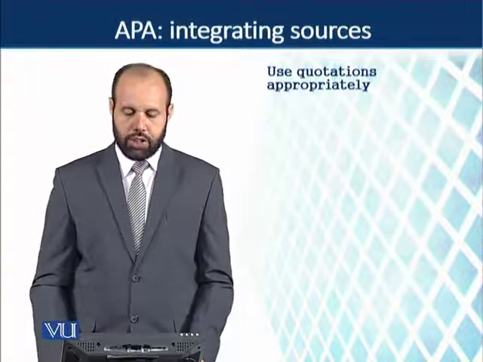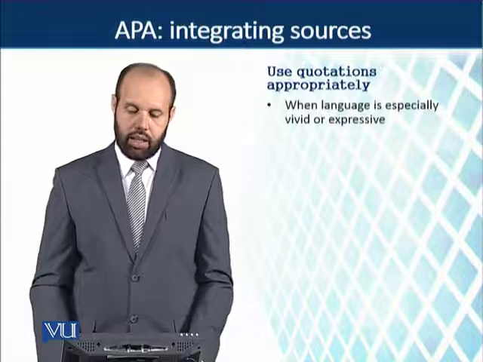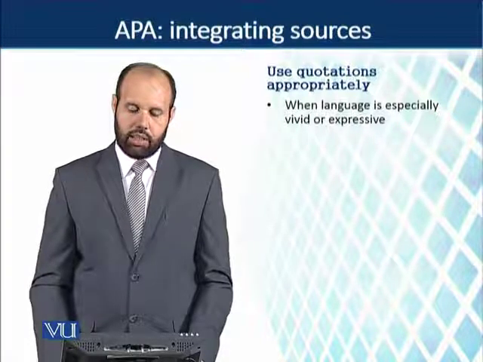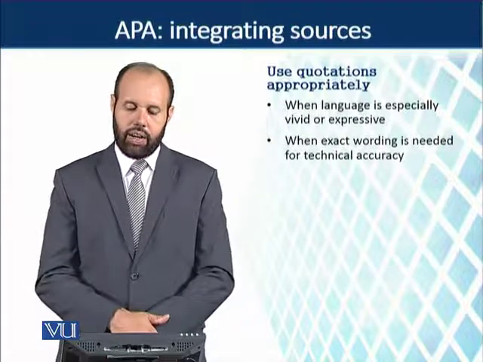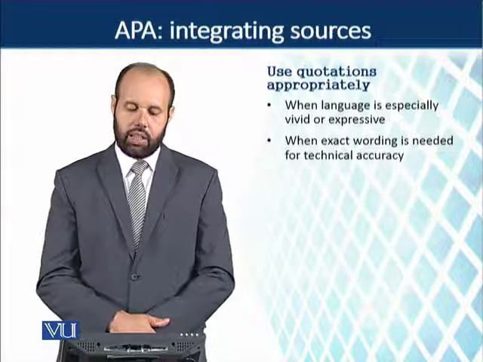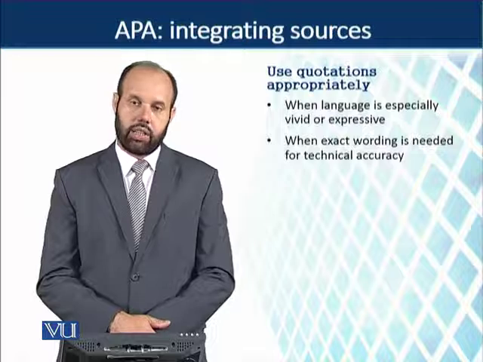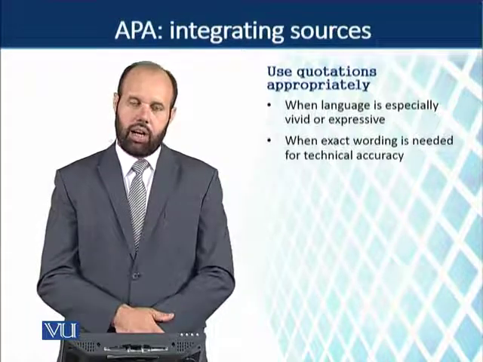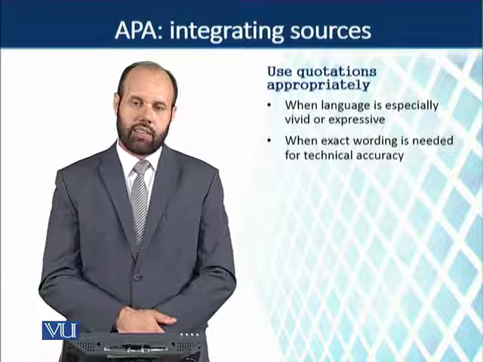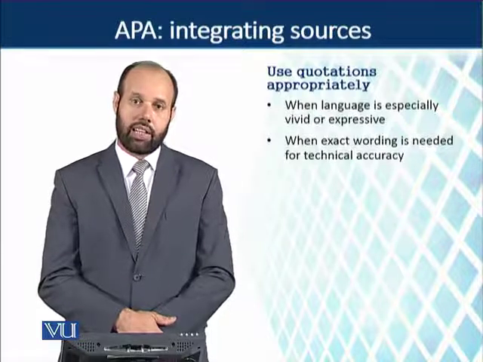So that is called the integration of sources. You must be using quotations appropriately when the language is especially vivid and expressive, right? And then when exact wording is needed for technical accuracy. So remember, the first point says that if the language is not vivid, not expressive, then you should not quote directly, right?